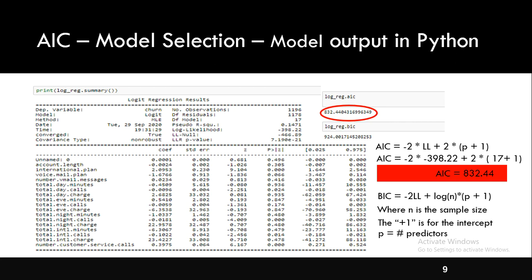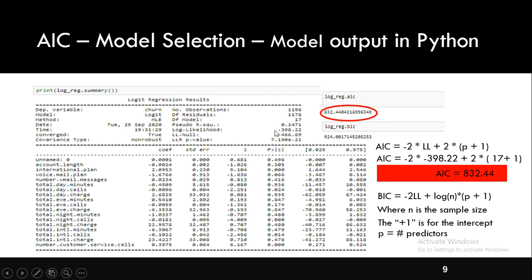So what you see here is the logistic regression model summary in Python. I've used the statsmodels logit function to fit this logistic regression model. When you look at this summary, these are pretty straightforward.